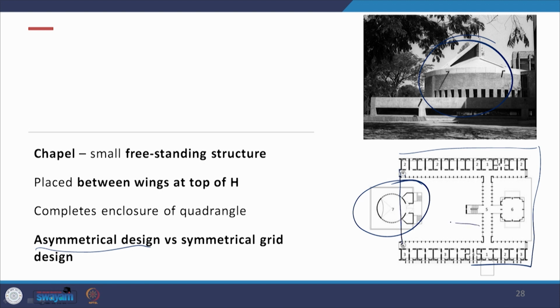It does not let the eye waver off into some infinite distance, but it gives a clear cut closure to the quadrangle here. And this chapel is a freestanding structure. It is not connected to the remaining grid like the common room for example is, but it is placed between the two wings of the H and completes the enclosure. An asymmetrical design versus a symmetrical grid design of the building.